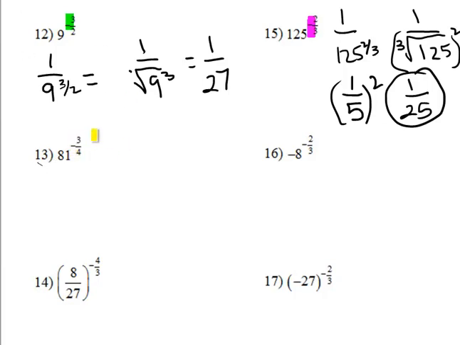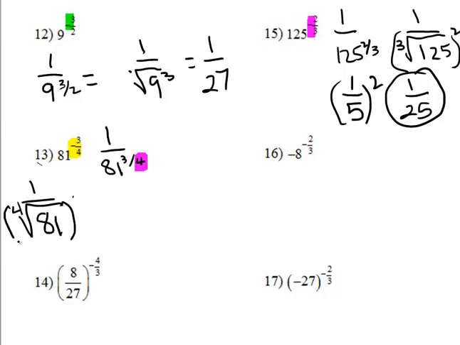Number 13, there's that negative sign, so it says make this a reciprocal. So that's my first step. My next step is to use the denominator to make the index. So that's the fourth root, and I put the value inside, and then the whole thing is cubed.